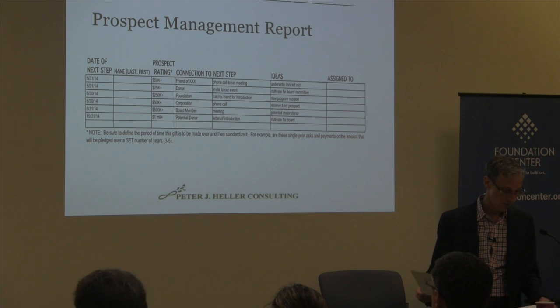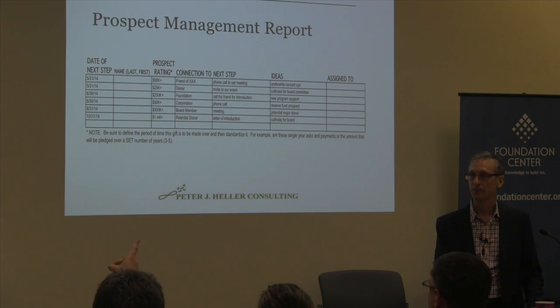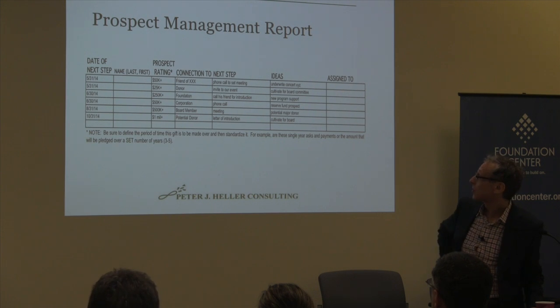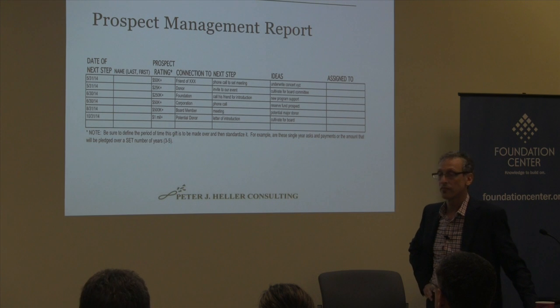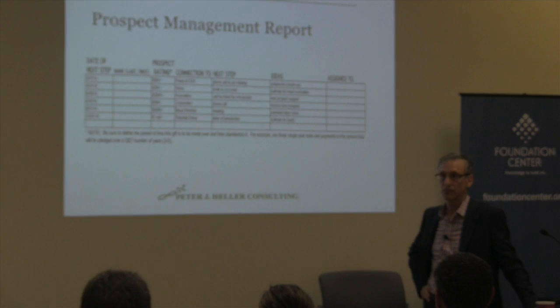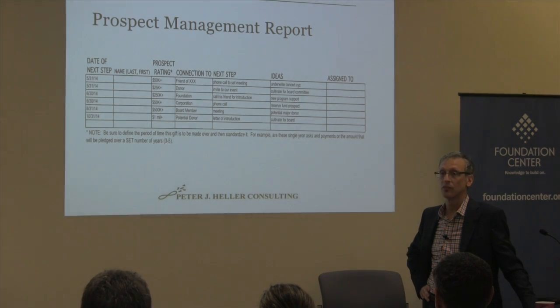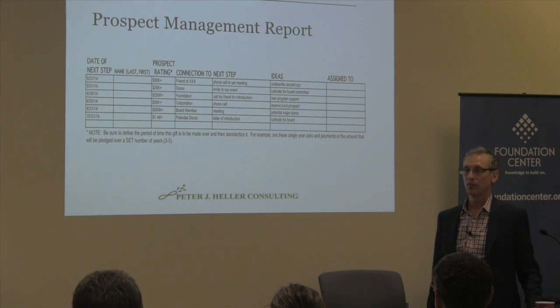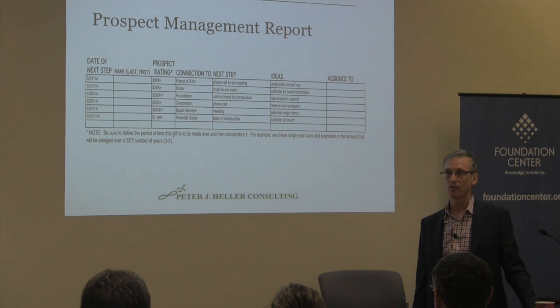Just in regards to, because I'm not sure if you're going to get to this or not, the connection to part is the one that I'm the most interested in. For example, I see a connection to foundation. We have about 6 of these foundations that have given to us in the last 12 months. And the foundation administrators obviously make it their business to keep you the heck away from the trustees.